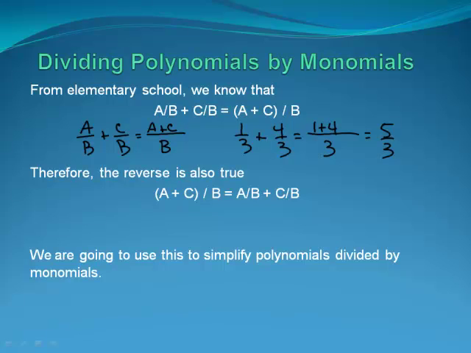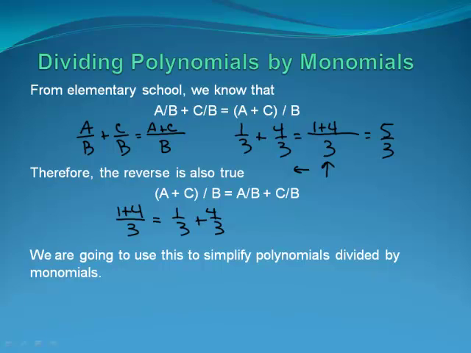Okay? Therefore, the reverse is also true. If you started at this point and worked in reverse, it also should be true that 1 plus 4 divided by 3 should be equal to 1/3 plus 4/3. Has to be if the two sides are equal.